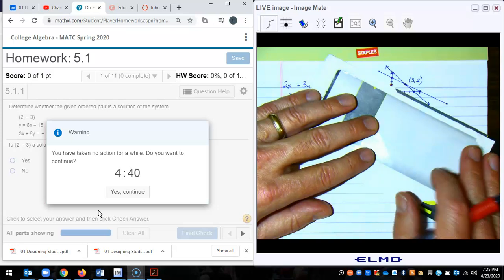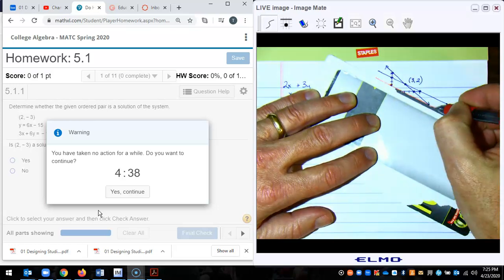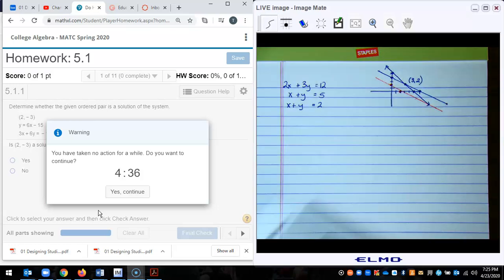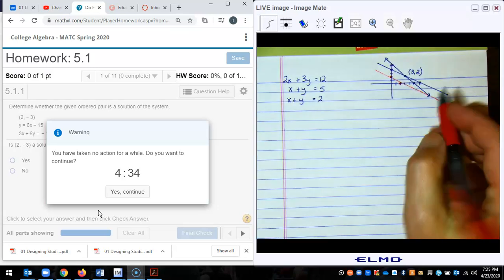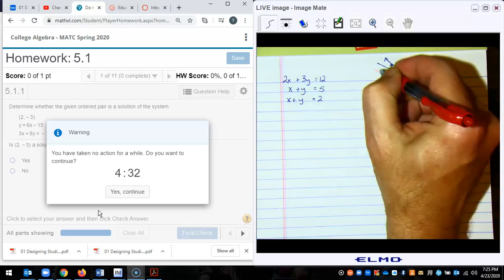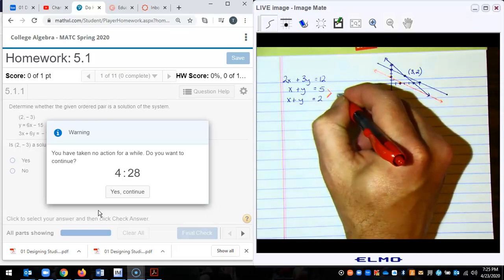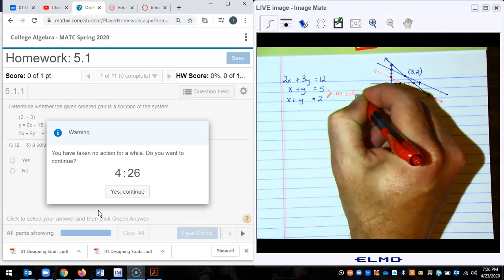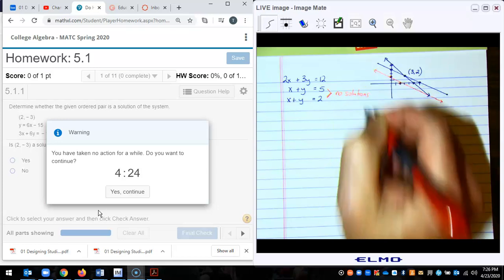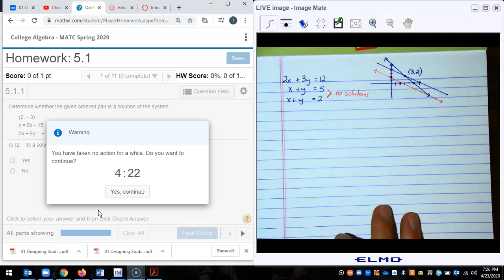Obviously, the scale is not very good at all, and it's crooked. Anyway, if I look at that blue line and that red line, they end up being parallel to each other. And since they are parallel, these two lines have no solution. So we could end up with a system that has no solution. There are no points that make both equations true.